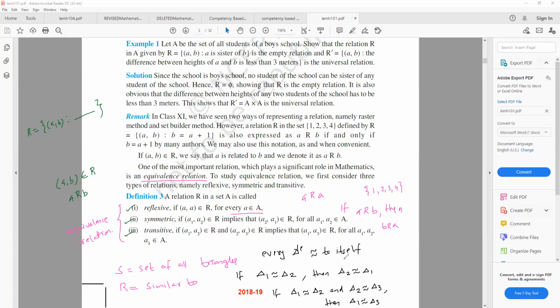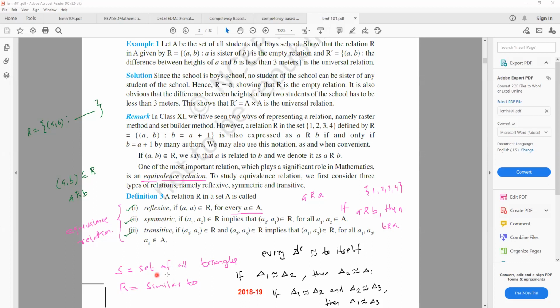Correct, right? Yes, sir. If triangle 1 is similar to triangle 2 and triangle 2 is similar to triangle 3, then automatically triangle 1 and triangle 3 are similar. That type of relation is known as a transitive relation.